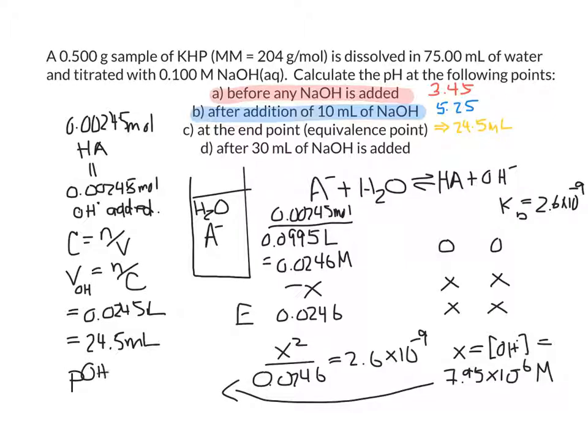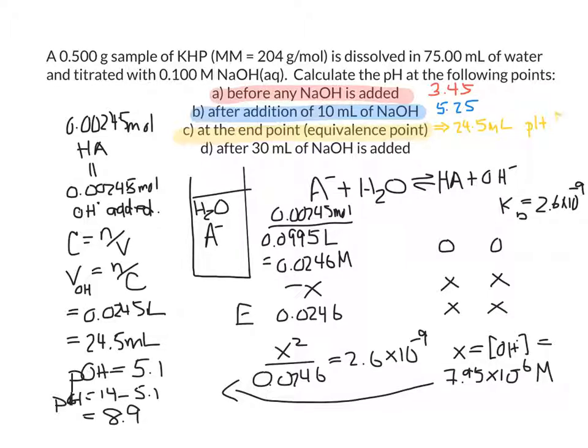I just take minus the log of that number to find my pOH, which is 5.1, and I can take 14 minus 5.1 to find my pH, and that turns out to be 8.9. And so, at the equivalence point, I have a pH of 8.9.